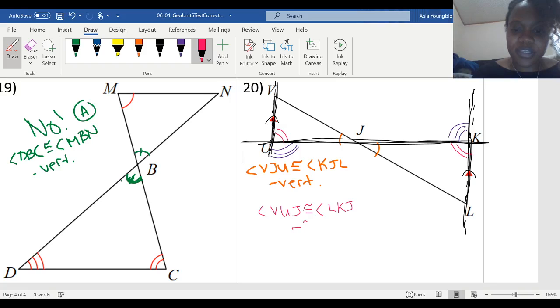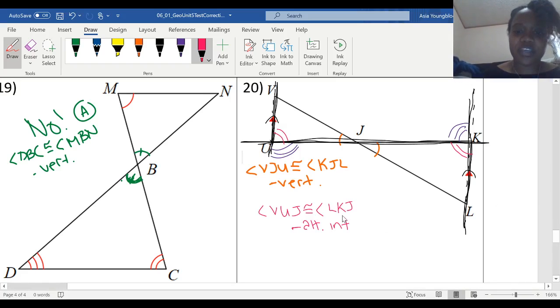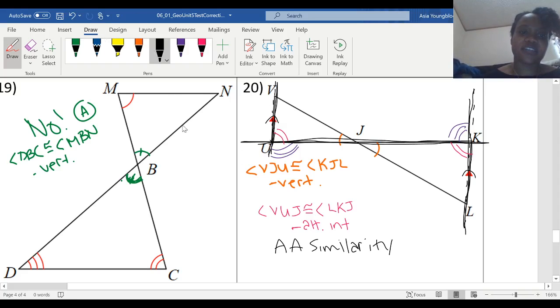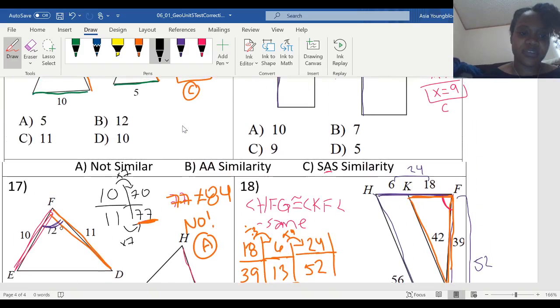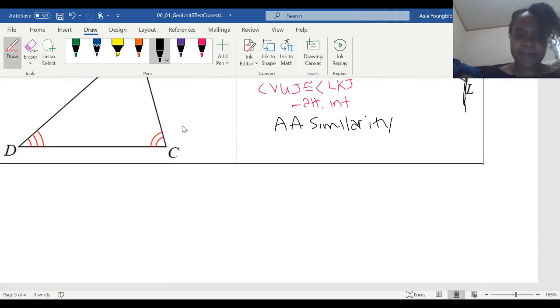So they're congruent because they are alternate interior angles. Because we found 2 pairs of congruent angles, we can say that these 2 triangles are similar by angle, angle, similarity. And that's going to be B.